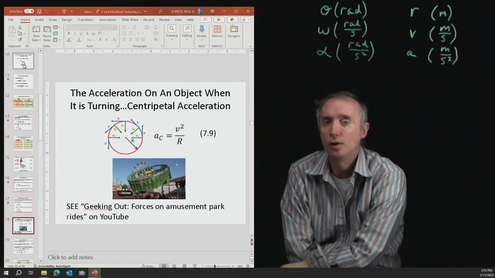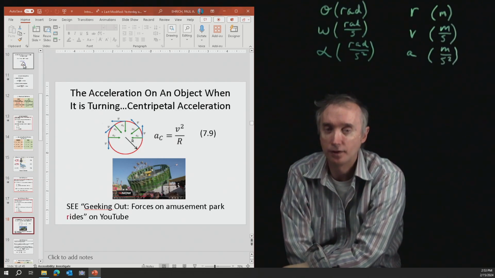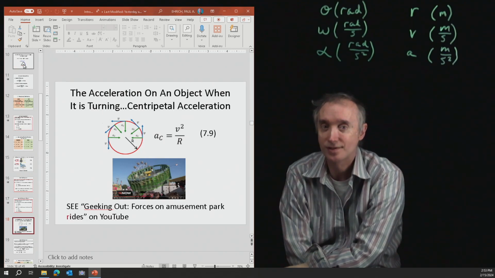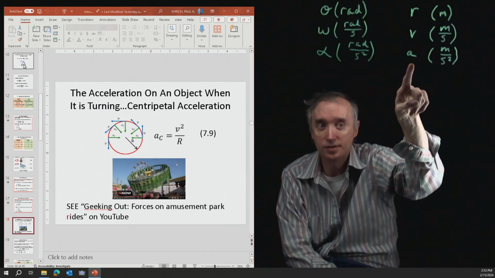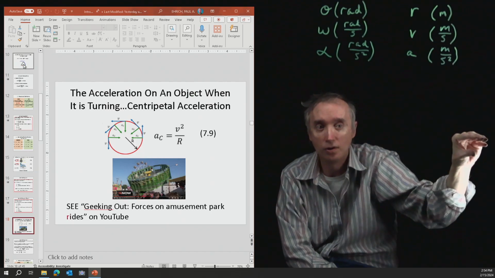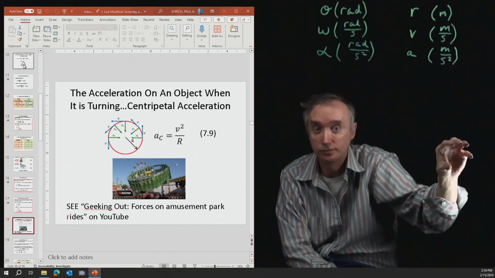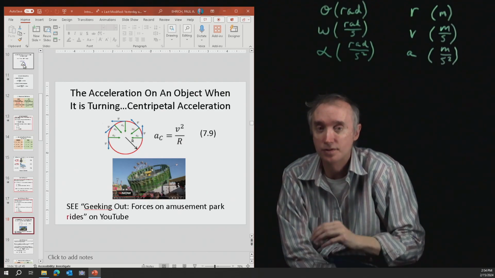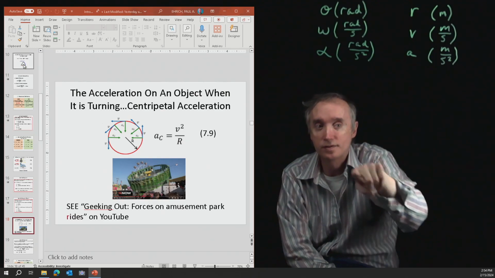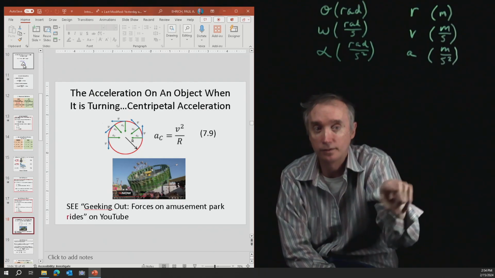Okay, now we want to talk about a special kind of acceleration called centripetal acceleration. You should be familiar with linear acceleration, which causes something to go in a straight line. This kind of acceleration is going to be present when something is rotating.